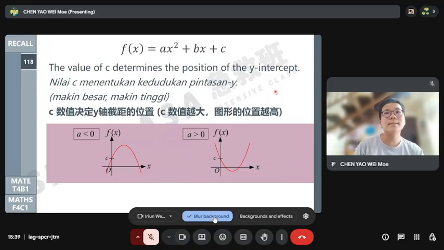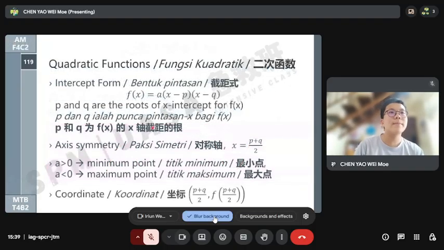Okay. The second one is the intercept form. It is the expansion from the general form, and becomes like this. If you want to prove this, it is very easy.